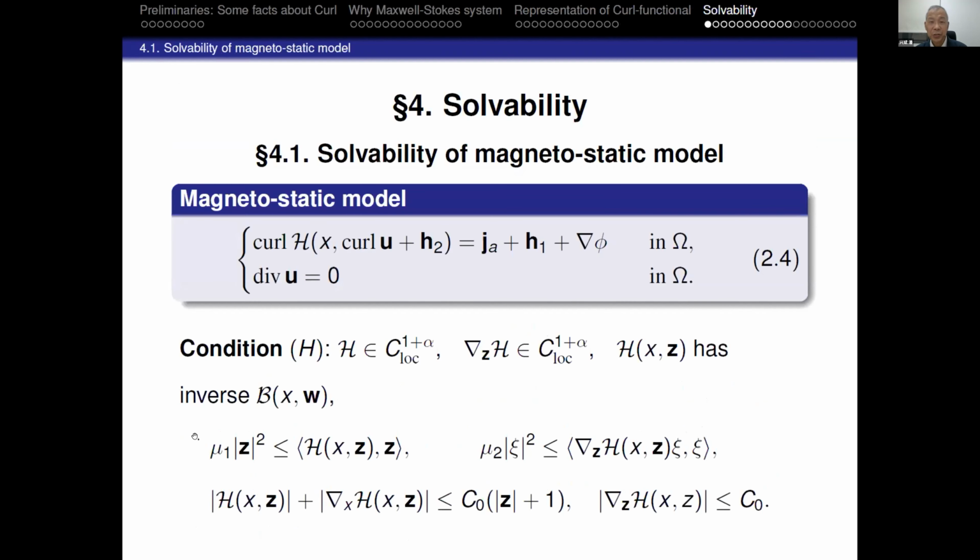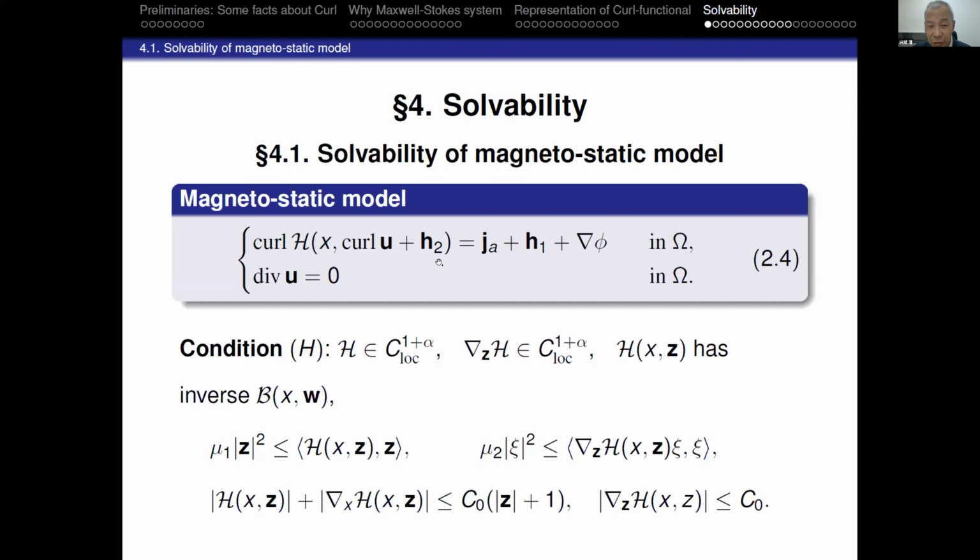Now we go to the fourth part, solvability of the magnetostatic model, and then solvability of the Maxwell-Stokes system. You already saw this equation. We derived it from the Maxwell equations and the additional condition that the electric current density satisfies Ohm's rule. Here U is the magnetic potential, which is unknown.